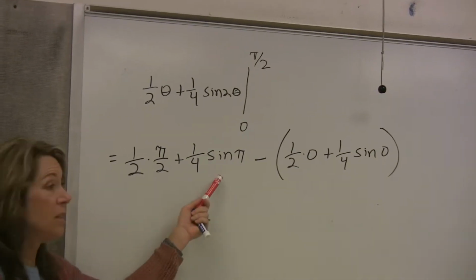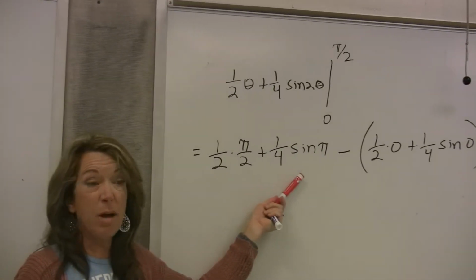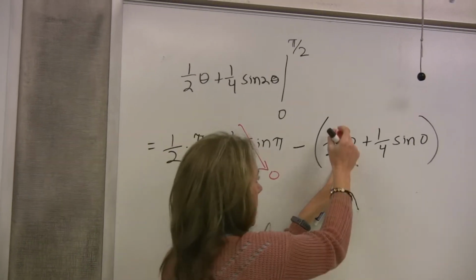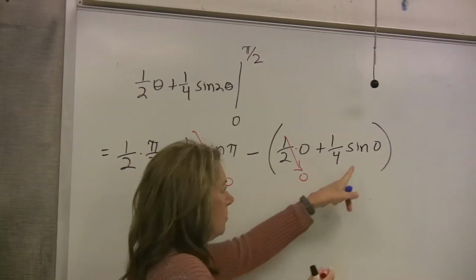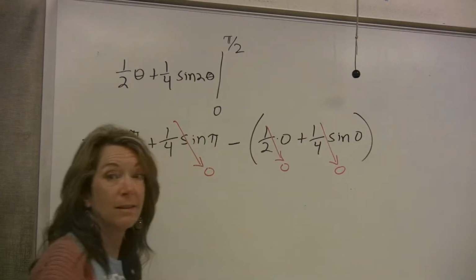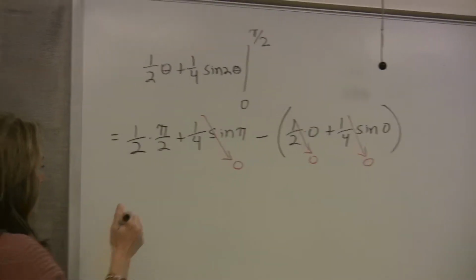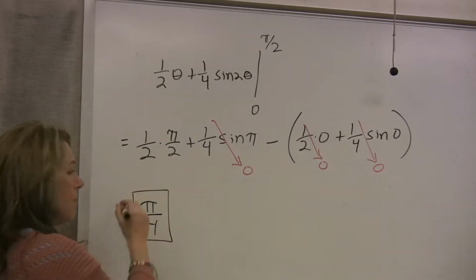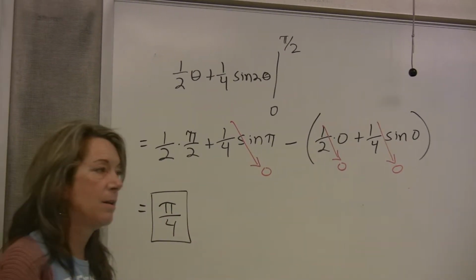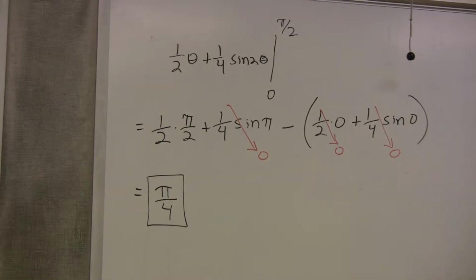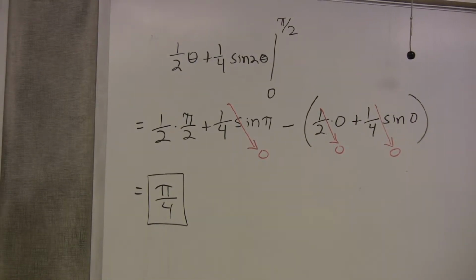Sine of pi is 0. 1/2 times 0 is also 0. That one's also 0, that's nice. So all I'm left with is pi over 4. That's my answer. It's a lot of work to get a nice little simple answer of pi over 4.